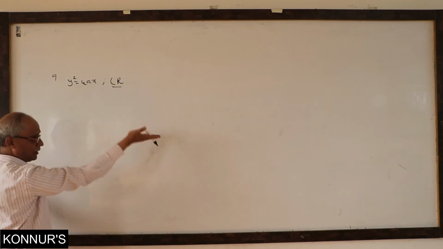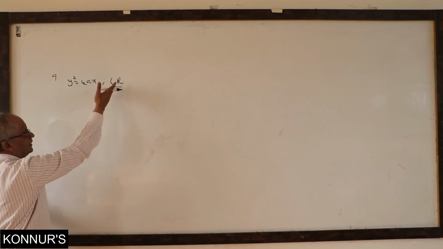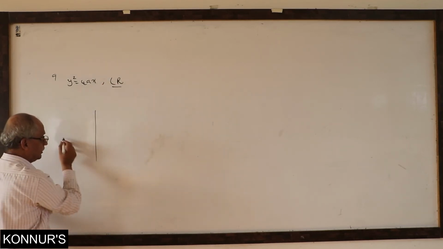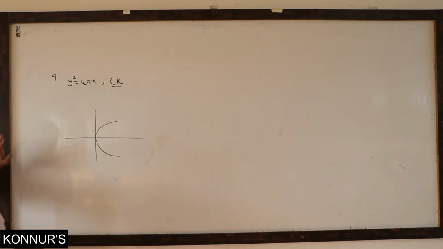What is the latus rectum? It is very hard to draw. What are the equations of the latus rectum, the ends of the latus rectum? Everything must be very perfect from coordinate geometry. This is y square equal to 4ax.